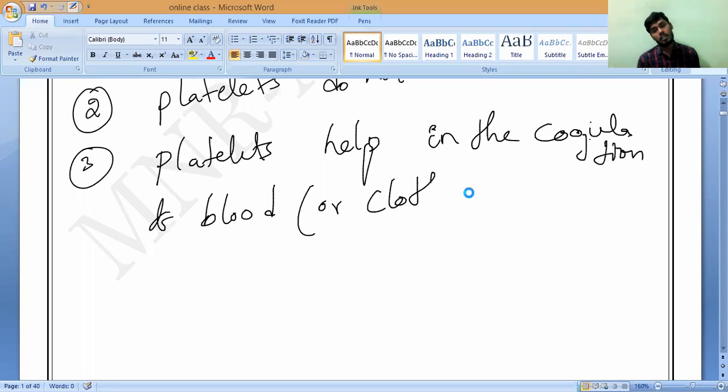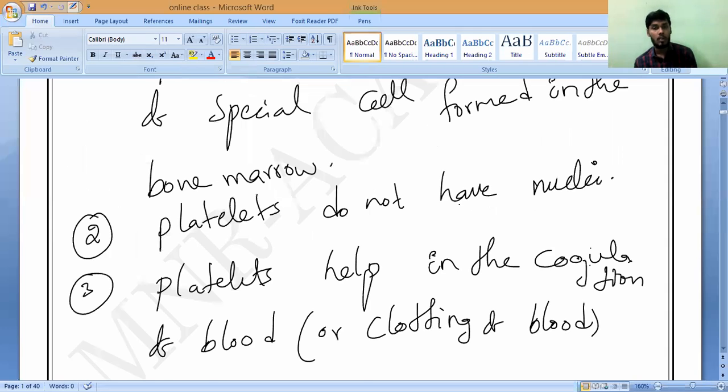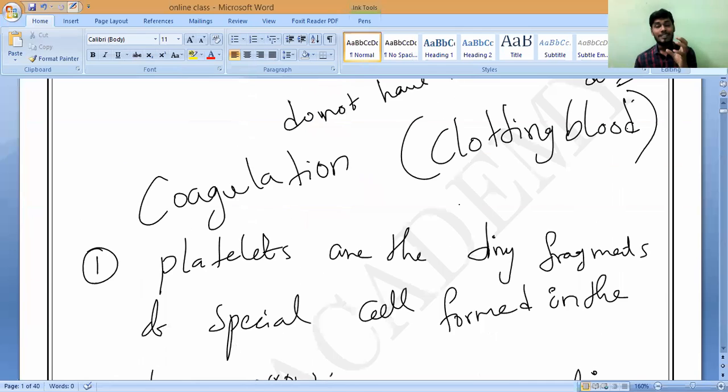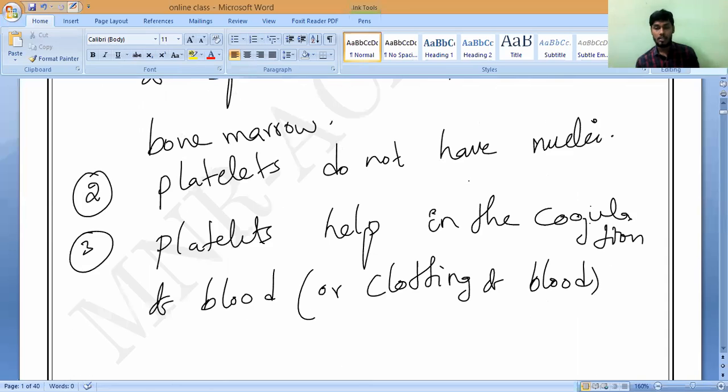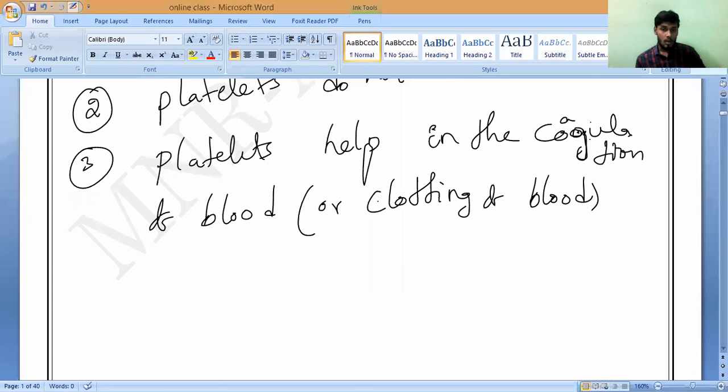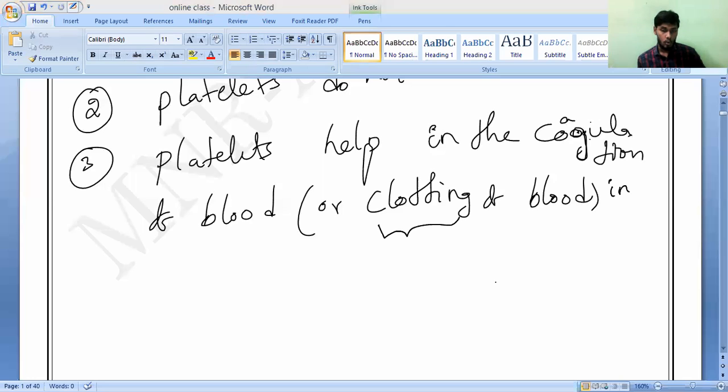Clotting of blood. What is the meaning of clotting? Make it into semi-solid, solidifies, that's all. Coagulation. Please all of you note it down. Completed? So clotting, just remember directly: clotting of blood in any cut or wound.